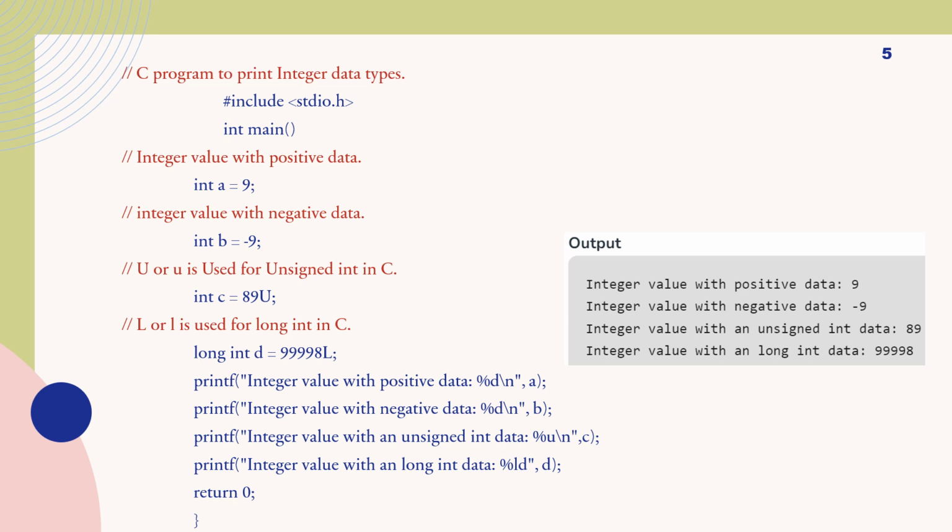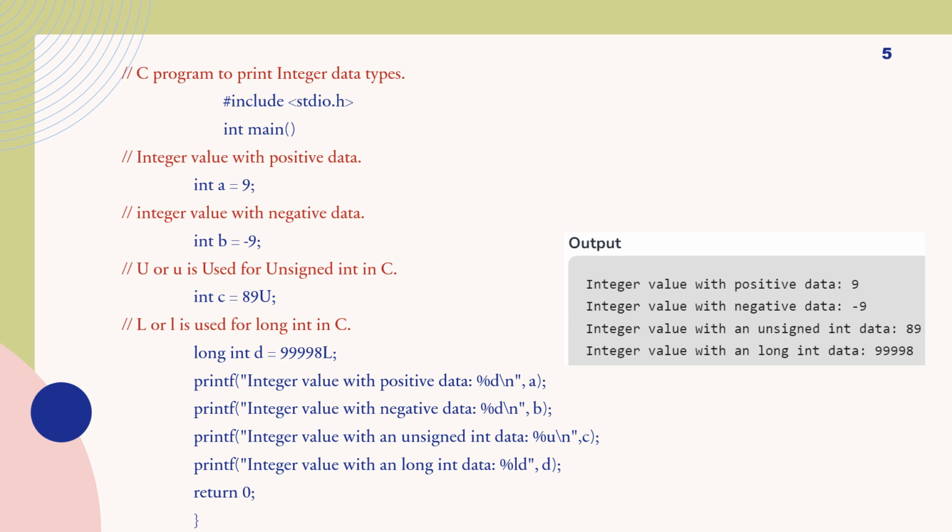So here, as usual, the first line is the standard input library which is needed for using the printf function, and the second line we have the main function which is the entry point of the program, and then we have the initialization of different integer variables.